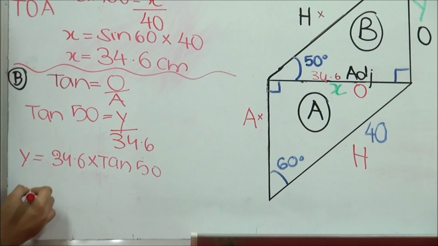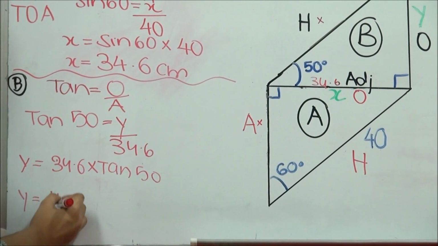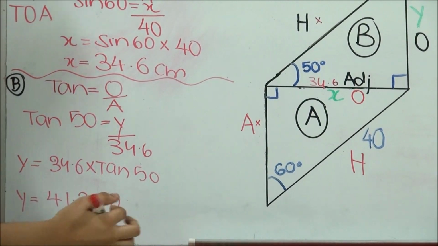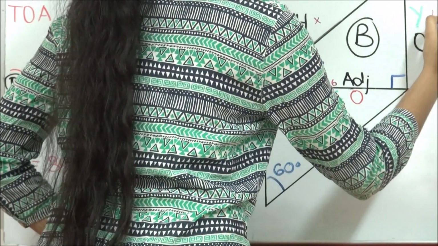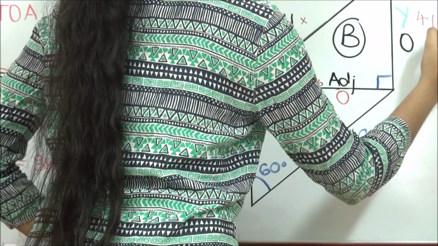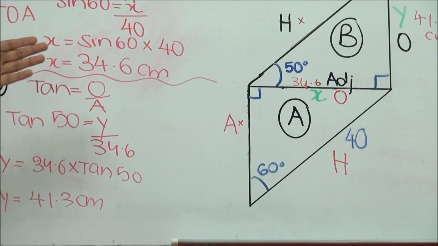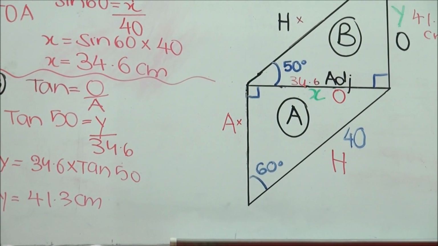After you calculate it, y will equal 41.3 centimeters. So the length of y will be 41.3 centimeters. This is how you calculate the lengths for question 2.